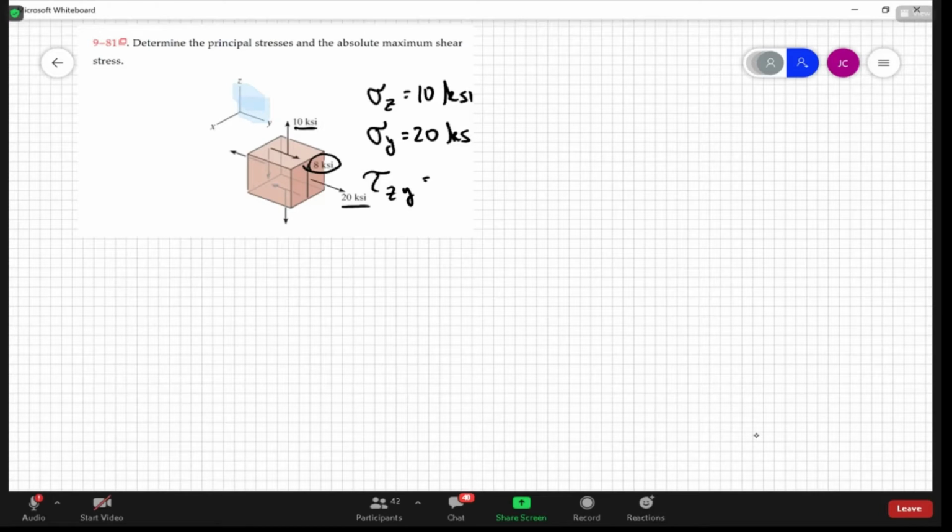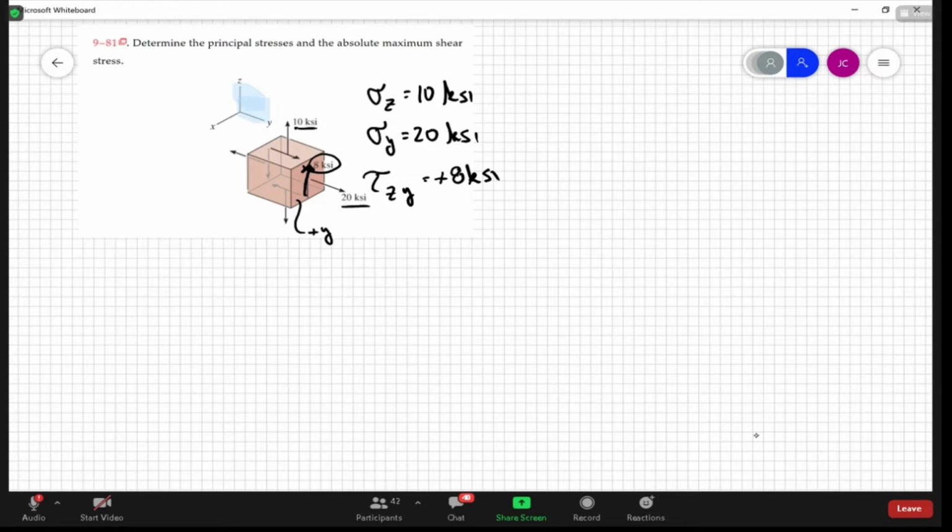Technically, this is a positive y face, and since this shear traction is acting in the positive z direction, that is a positive shear stress. So it's a positive 8 ksi shear stress. The normal stresses are positive, they're tensile, not compressive.